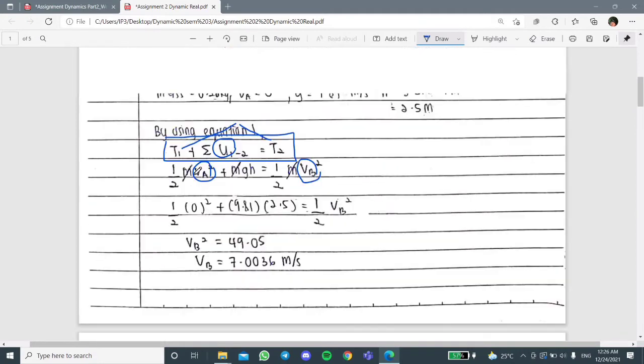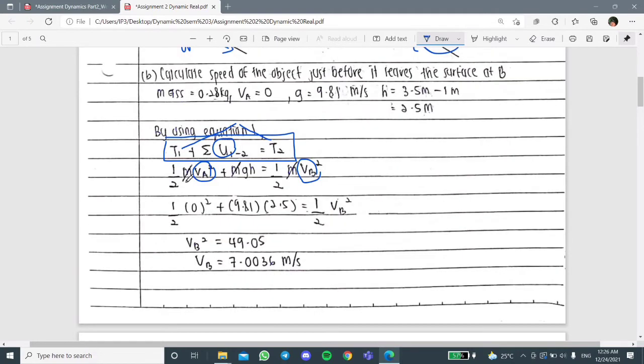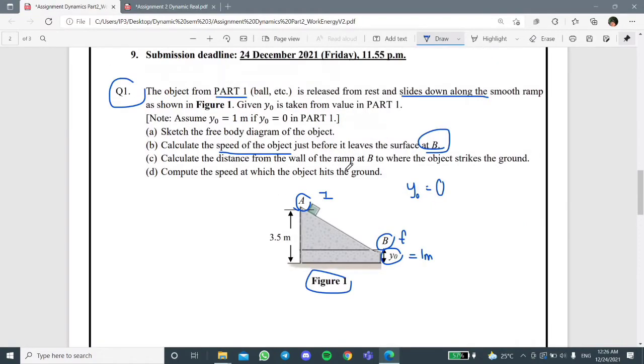So here we can cancel out all the m, all the mass. And then we know that VA is equal to 0 because the object is released from rest.